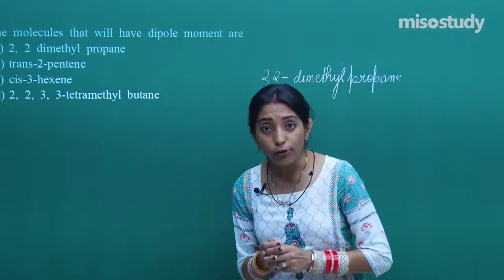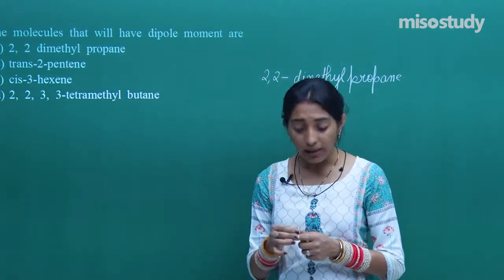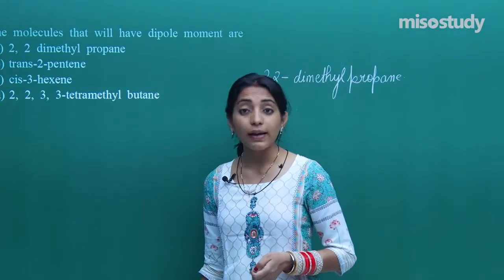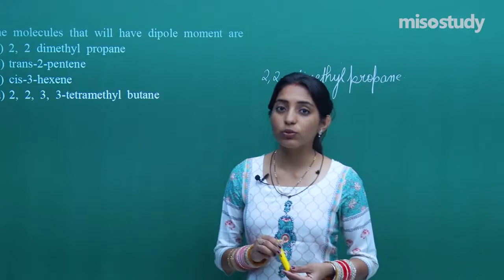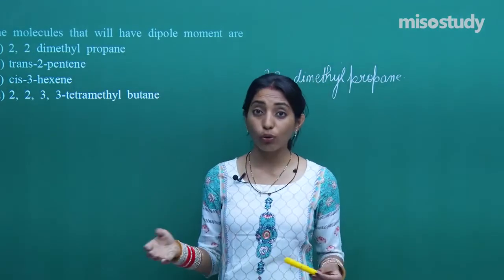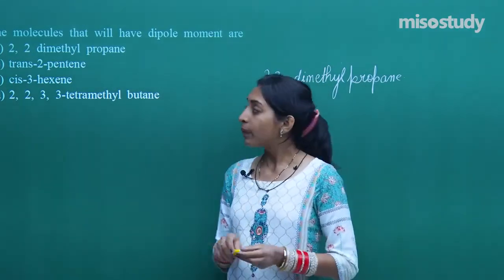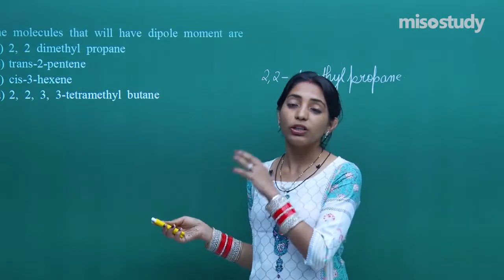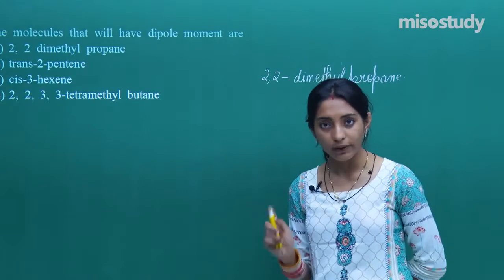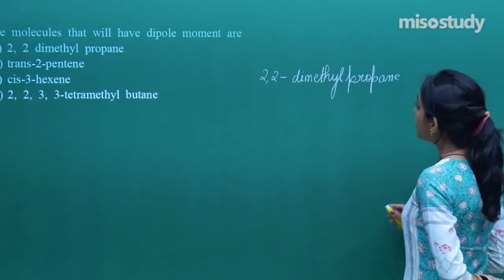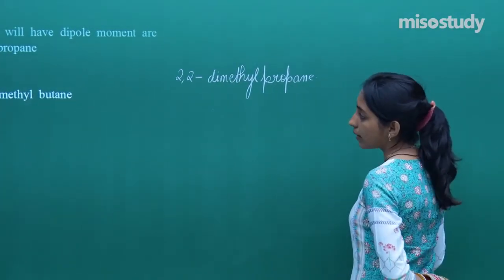So you need to know some basic structures of organic compounds because that will really help you in solving the questions from chemical bonding. So don't run away from the situation that we have not done it and we don't know, so we won't be able to do it. These are simple compounds, but you should have an idea about them and you should be doing them in chemical bonding. Fine?